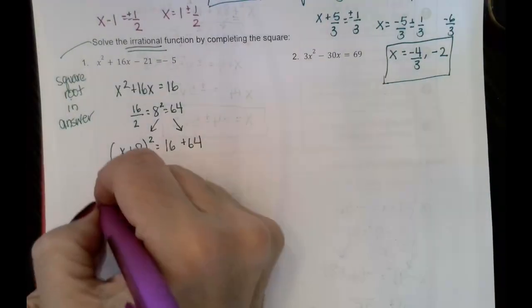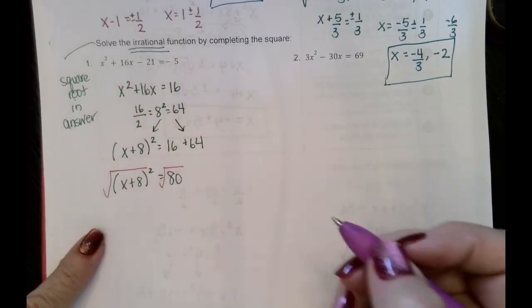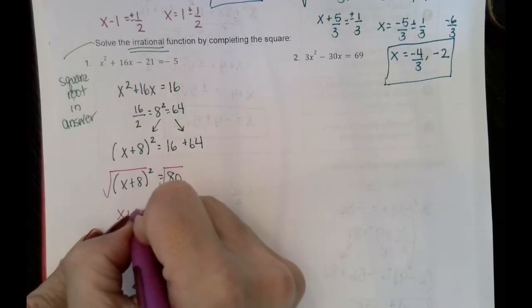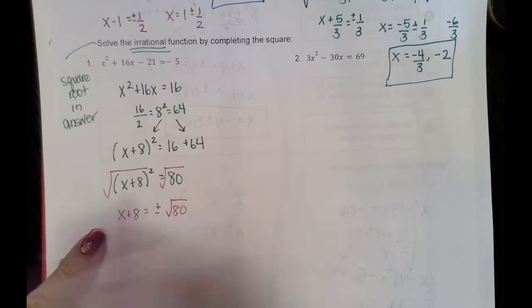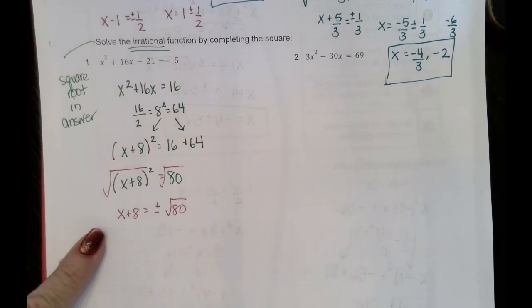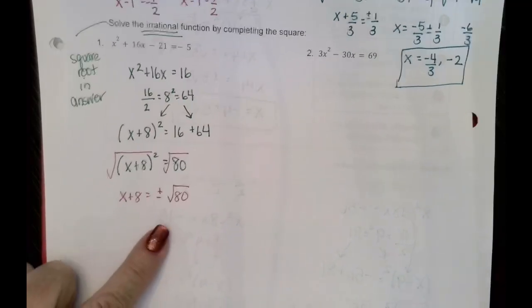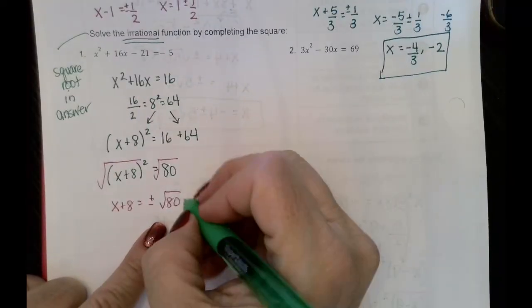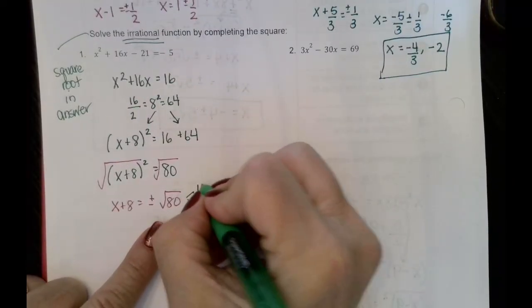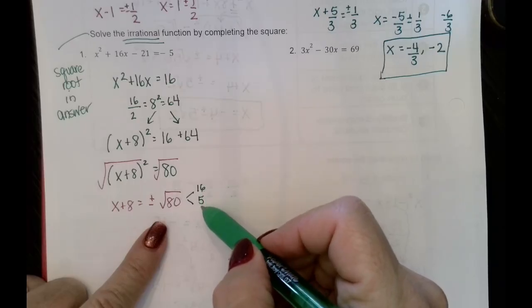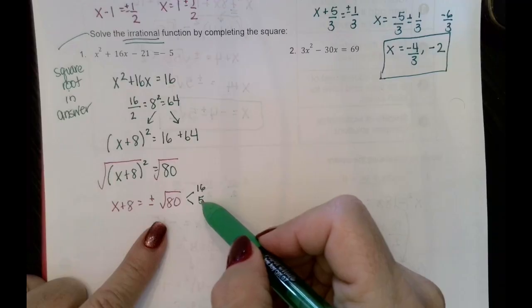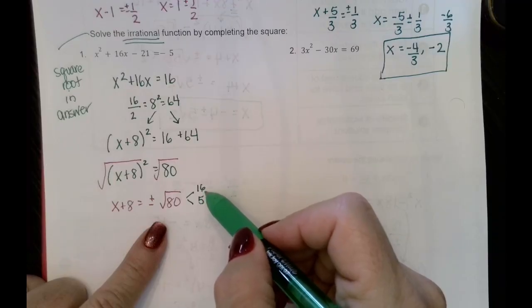Okay, so now I can take the square root of both sides, and I get x plus 8 equals plus or minus the square root of 80. Now, 80 is a number that I know I can simplify. I just know this one, but it's 16 and 5. 16 is my perfect square, so 16 times 5 is 80. You might need to play around with it a little bit on your calculator with dividing out your perfect squares.